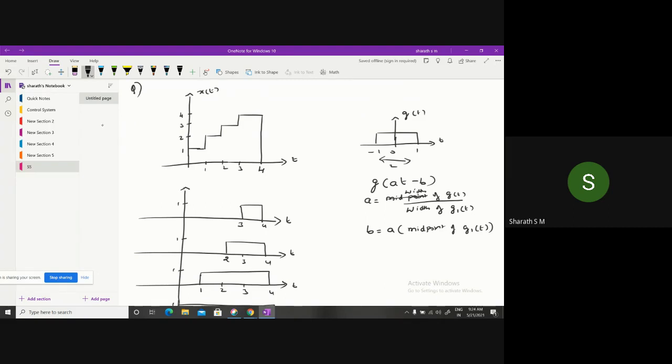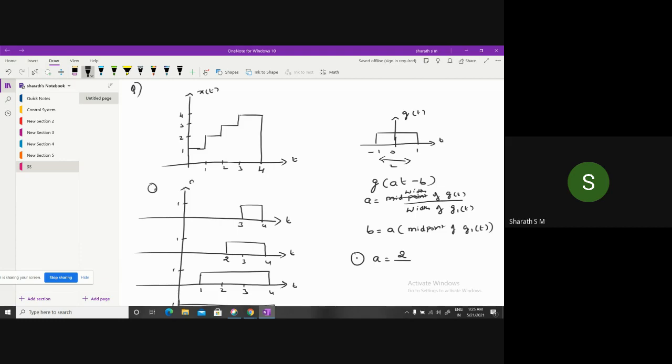So now look at here for the first one. So this is the first signal. For the first one, a is equal to the width of g of t. What is the width here? G of t, from -1 to 0, 0 to 1. So what's the total width here? 2. So the width of g1 of t. So this is g1 of t.